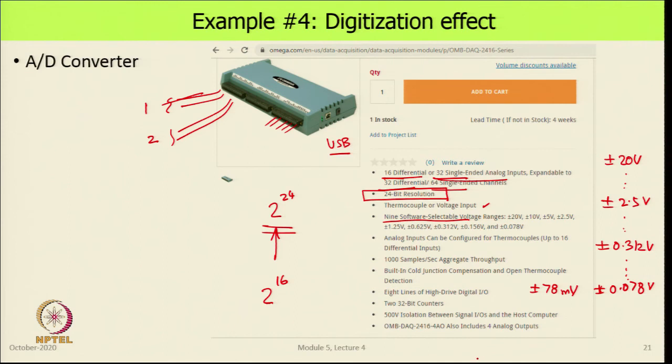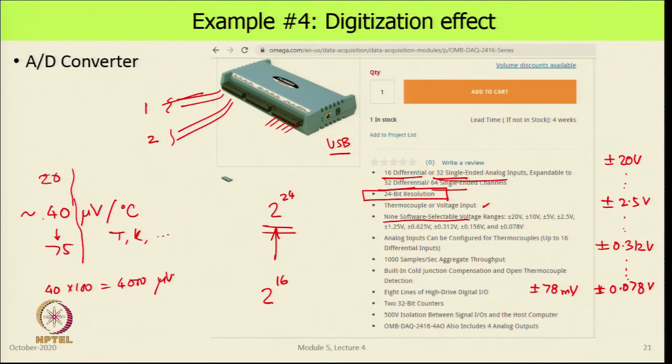Now, remember thermocouples have sensitivity of the order of 40 microvolts per degree Celsius, maybe going up to 75 microvolts per degree Celsius, depending on the type of thermocouple, whether it is T or K or what, and there are some which are even less than this, maybe 20 microvolts per degree Celsius. So, if our temperature difference is 100 degrees Celsius, then in this case we will get 40 into 100, which is 4000 microvolts or 4 millivolts.